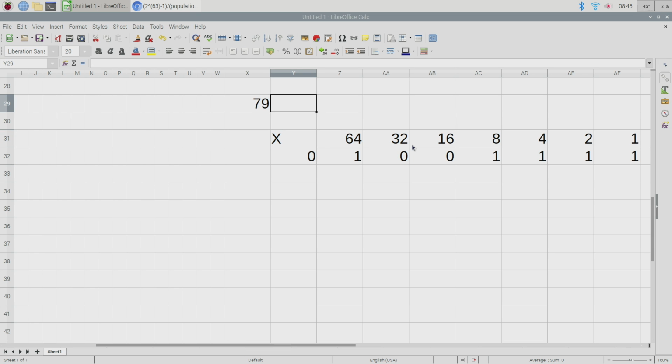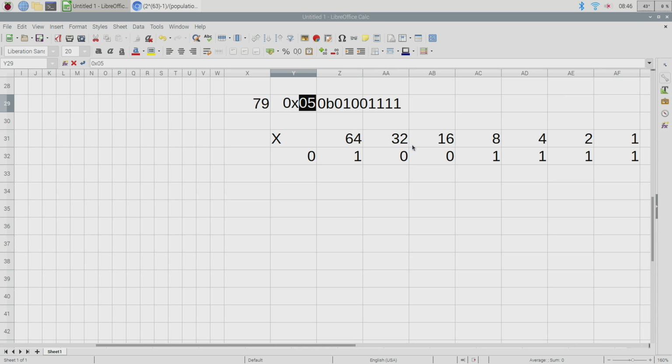Okay, so 79, what is this in binary? Well, we just said it was 0 1 0 0 1 1 1 1. Okay, what is that in hexadecimal? Remember, how do we put things into hex? We take it 4 at a time. So it's the far right.